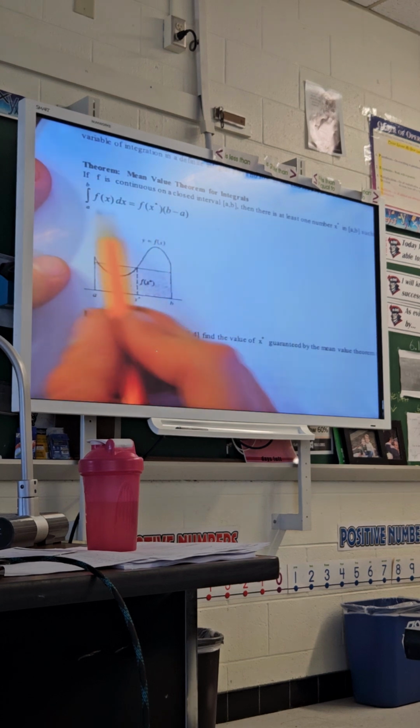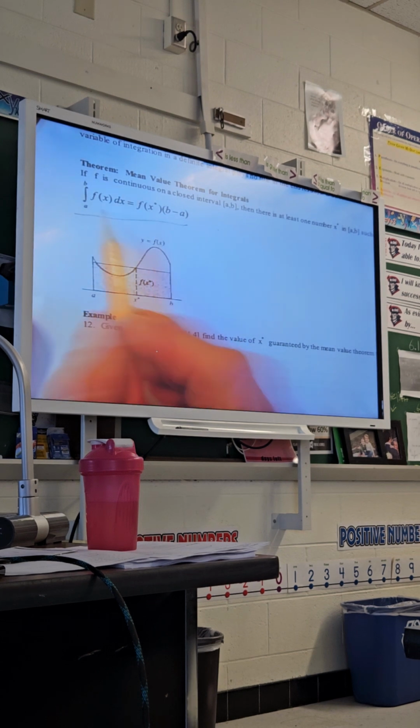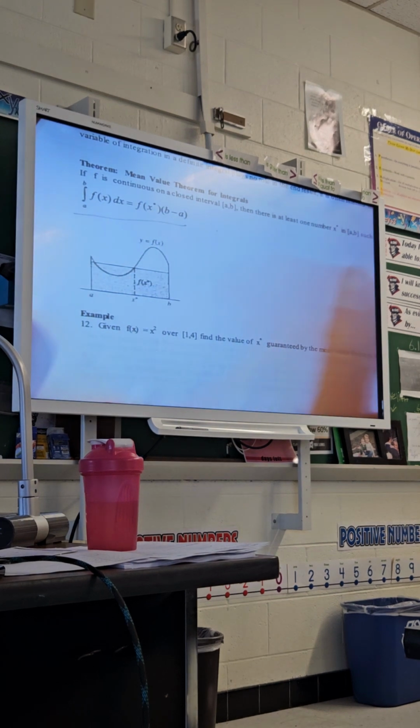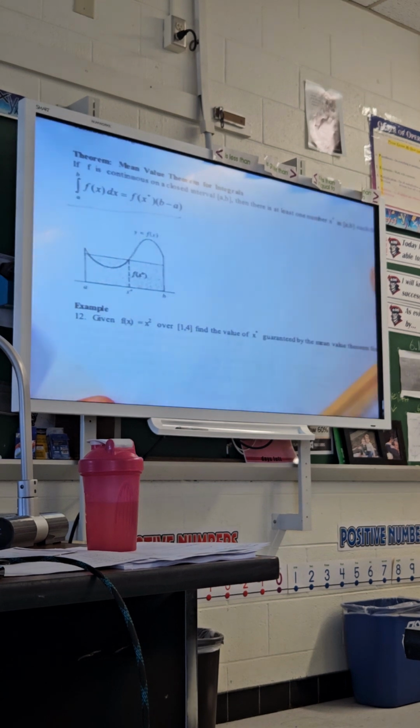This is the mean value theorem for integrals. You do not have to know this actual definition right here. I don't wanna say too many words.